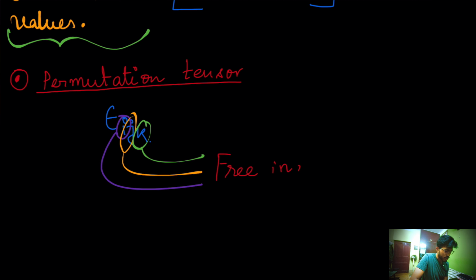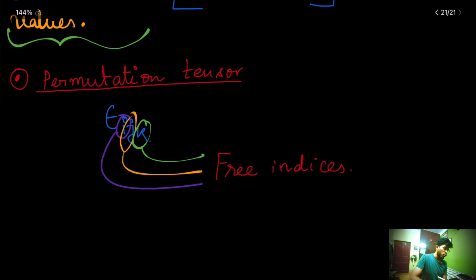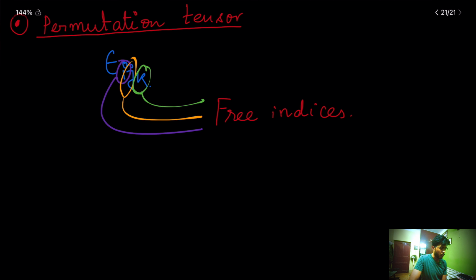Now you tell me how many components are possible for this epsilon ijk. That is nothing but 3 into 3 into 3, that is 27.